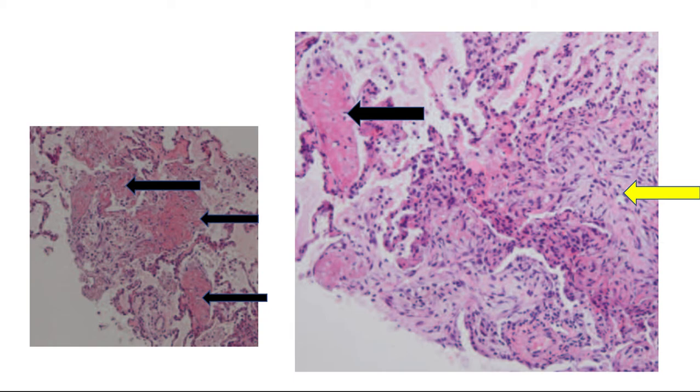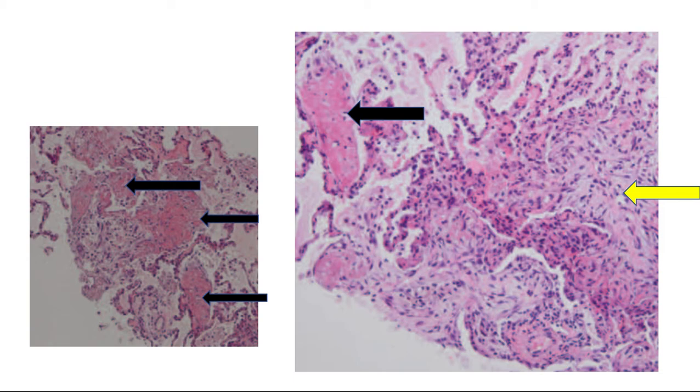Finally, acute and chronic eosinophilic pneumonia may have prominent intra-alveolar fibrin, similar to that in acute fibrinous pneumonia. Eosinophilic pneumonia is characterized by the predominance of eosinophils, sometimes termed eosinophilic microabscesses, and macrophages.